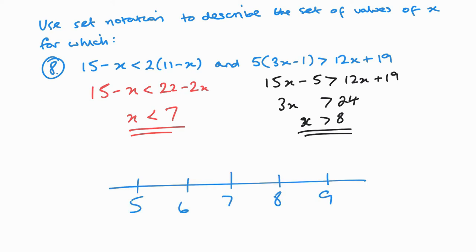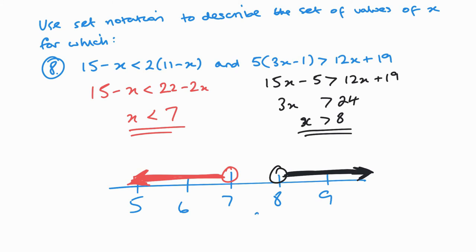Now x less than 7 will look like this. So a hollow circle and my arrow going less than, and x is greater than 8. Again, it's a hollow circle, and then we're looking at the arrow going upwards, greater than.